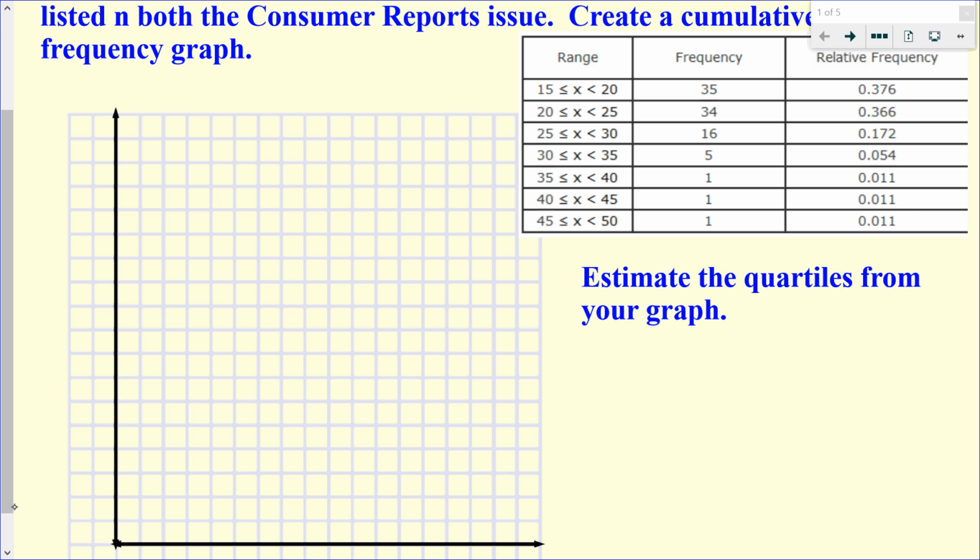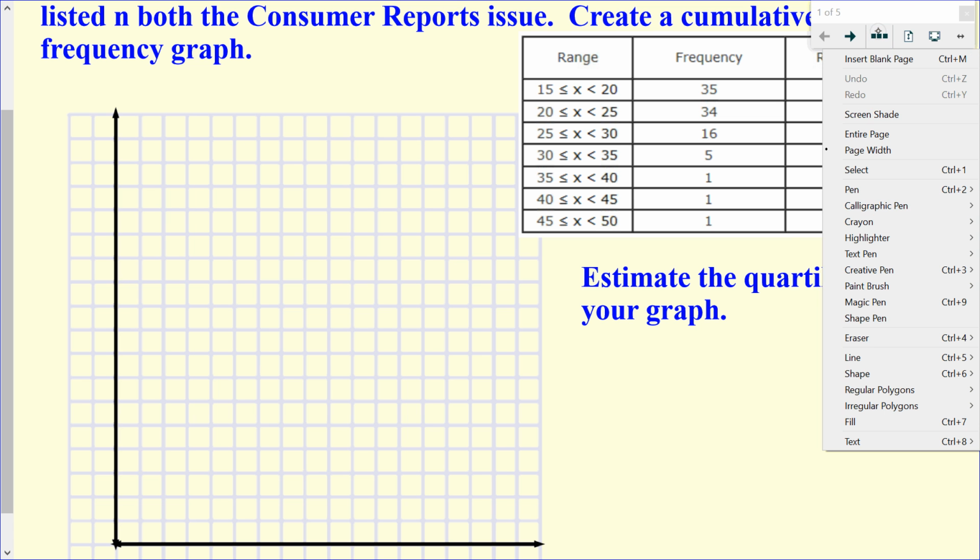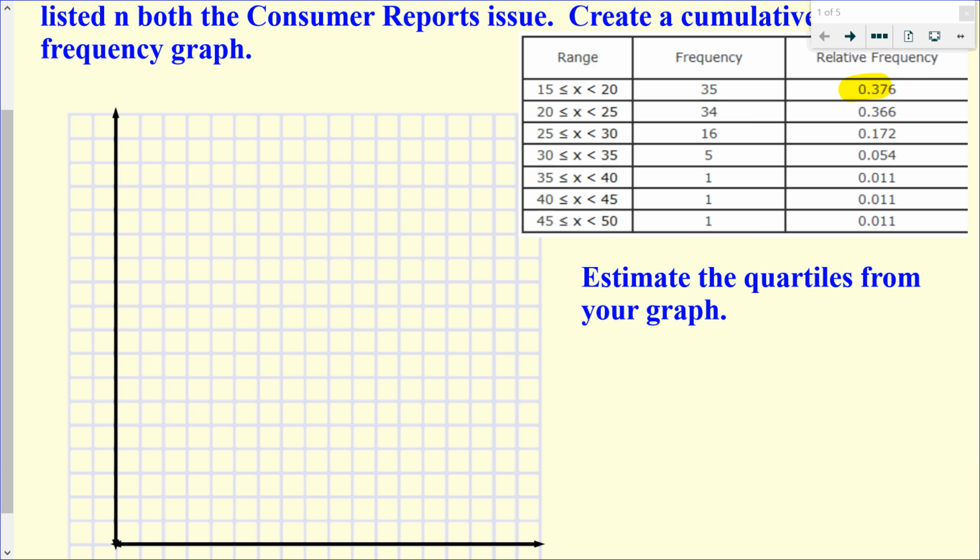So we're not going to plot each of these frequencies right here. We're going to have, here's our frequencies. We're going to have to add these on each time.